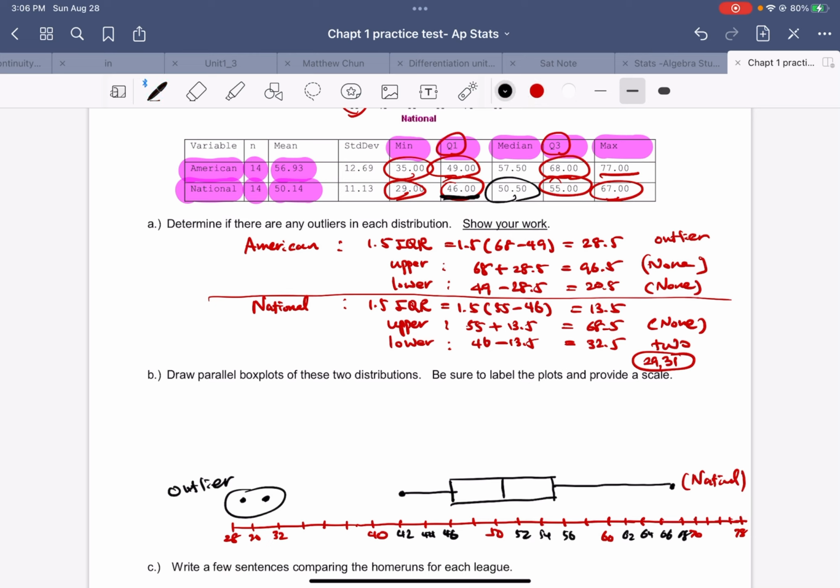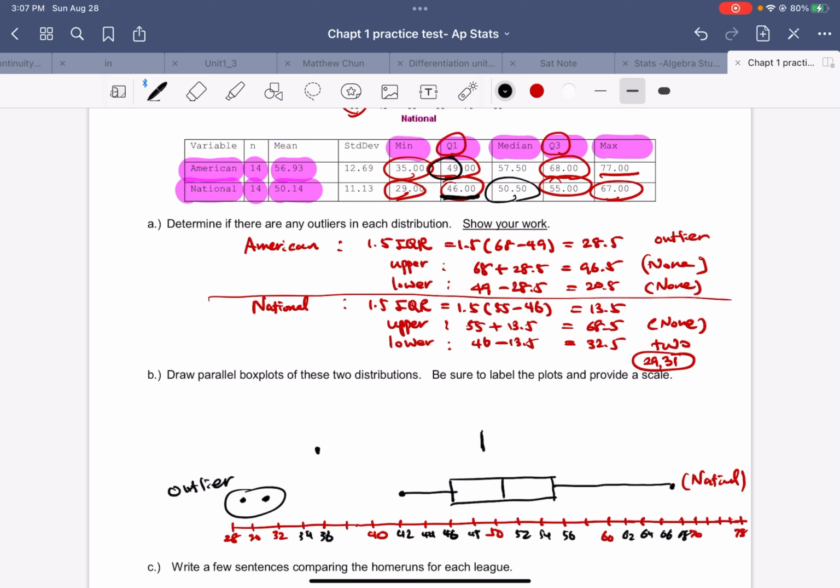Now the next one is American. So minimum is 35. So this one 34, 36. Minimum is 35 right here. And then first quartile is a 49. So 48, 49 right here.